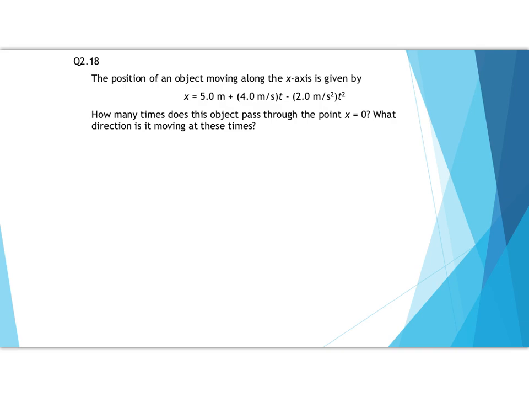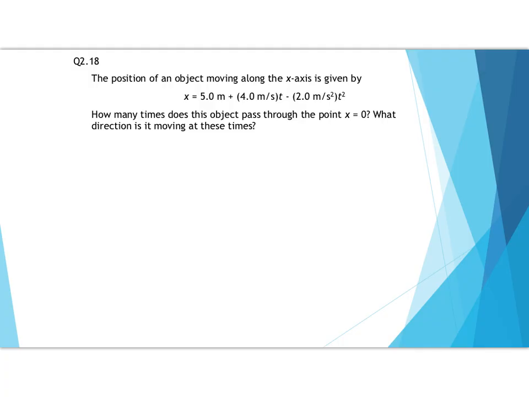And then finally, we have this expression, the position of an object, and it's given by this expression, 5 plus 4t minus 2t squared. And we want to answer some different questions. The question here is, how many times does the object pass through the point x equals 0?